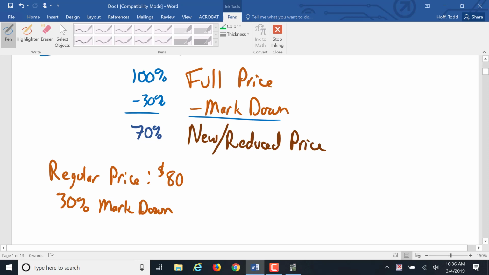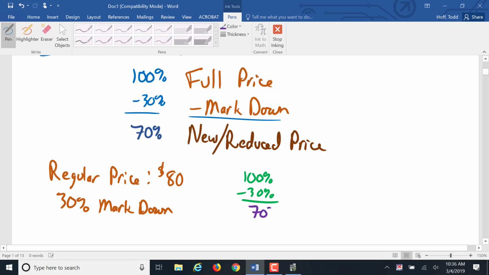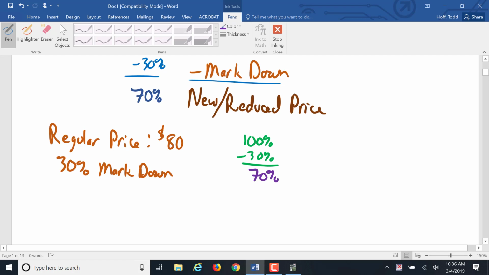So what we're going to use is the fact that that is 100% full price minus the 30%, which is going to give us a 70%. We will take that regular price of $80 times 70%, turned into a rate of 0.7, gives us that new or reduced price of $56.